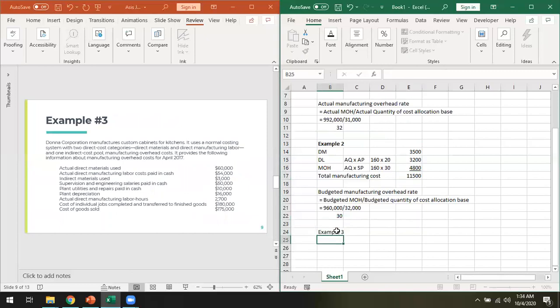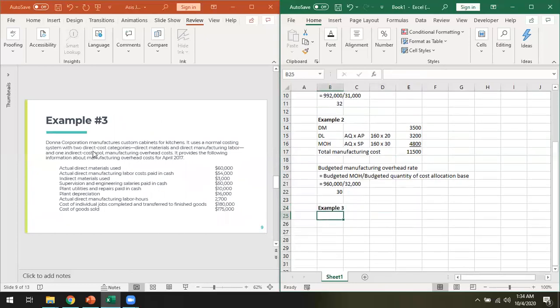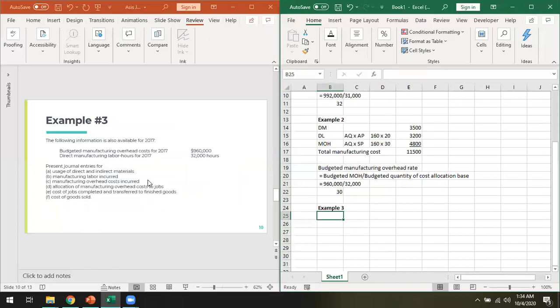Example 3. So Dona Corporation manufactures custom cabinets. It's the same as before. And we have the following information: actual direct materials, actual direct manufacturing labor costs, etc., until cost of goods sold. Okay.